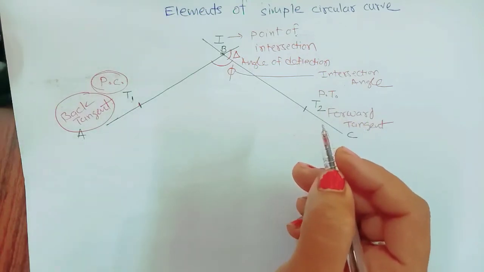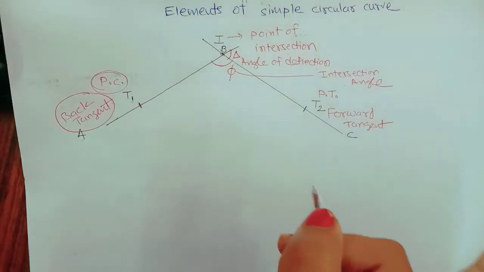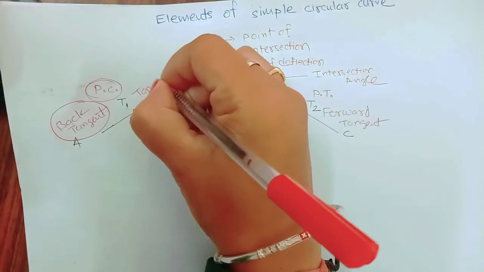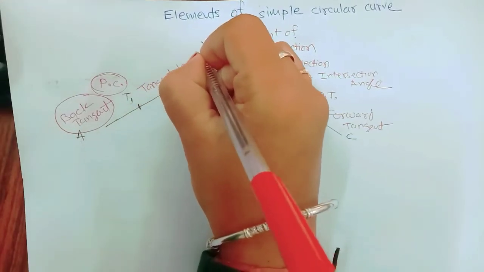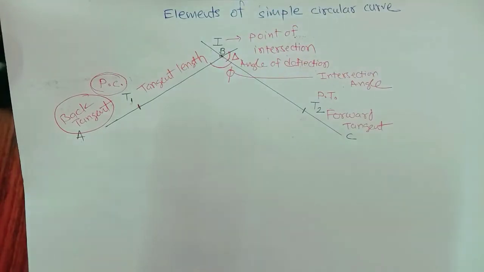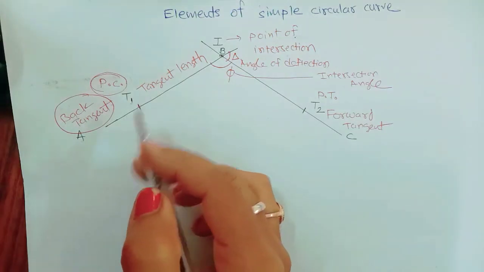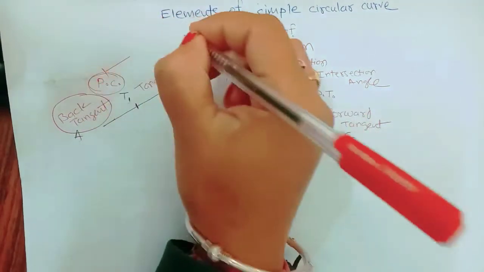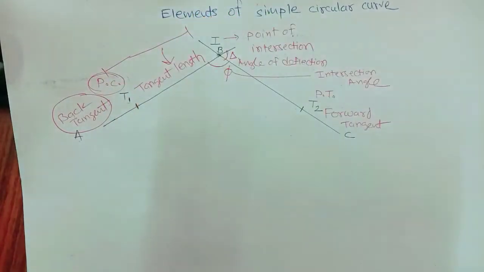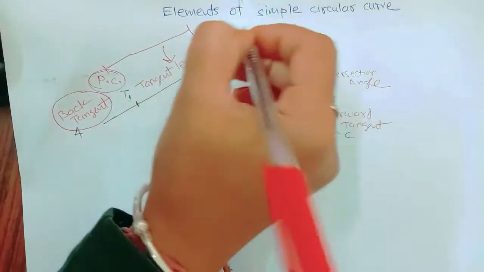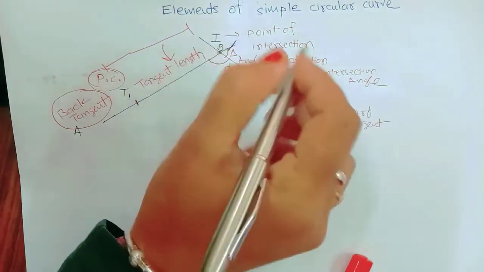Now tangent distance. Okay, so tangent distance or a tangent length. So it is the distance between the point of curvature T1 and the point of intersection I. Okay, so T1 to I. This distance is known as a tangent length or the tangent distance, and also it is equal to the distance between the point of tangency, that is T2, and the point of intersection I. So this portion.